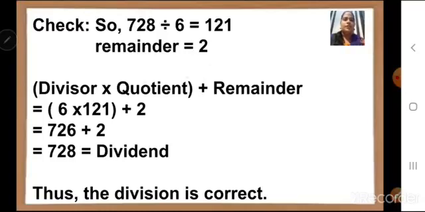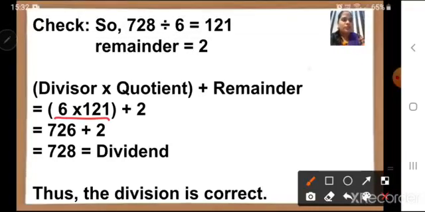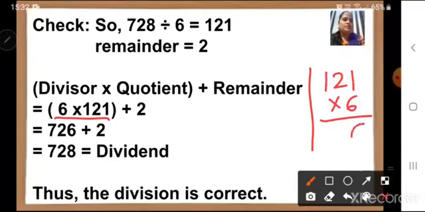Then write the formula divisor into quotient in bracket plus remainder. Okay. Then substitute divisor is equal to 6 multiplied by 121. Put the brackets plus 2. Now first we have to multiply here. Right children? So let us multiply 121 into 6. 6 ones are 6. 6 twos are 12.